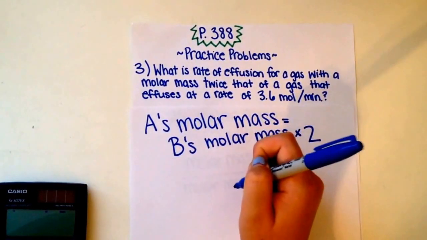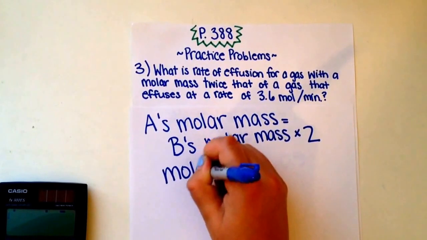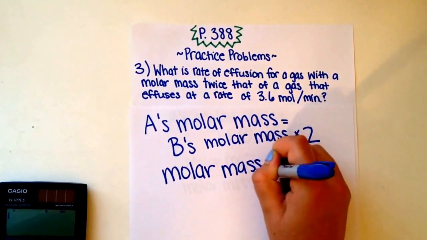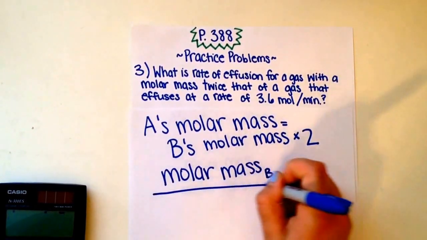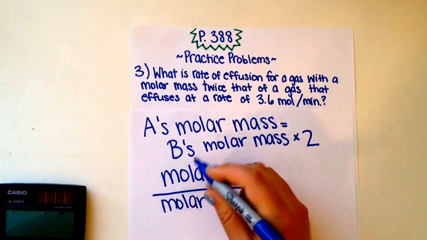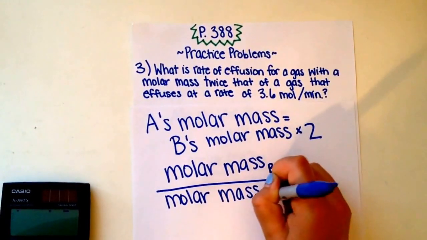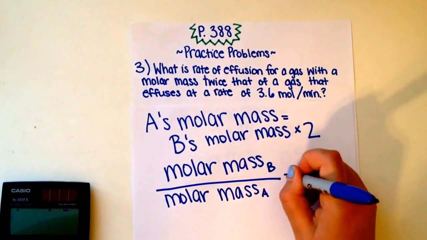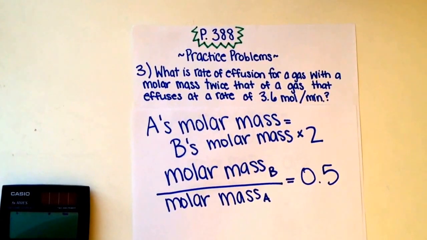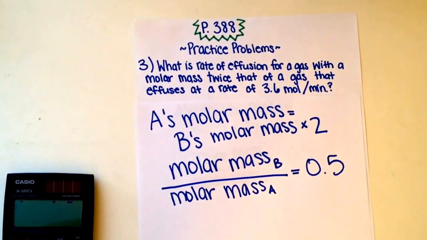So from this, we can further assume that the molar mass of B divided by the molar mass of A is 0.5 or 1/2.